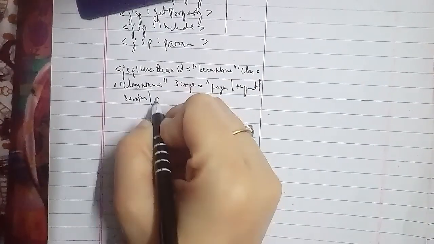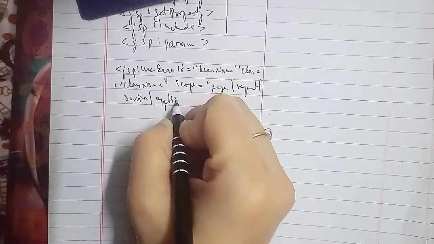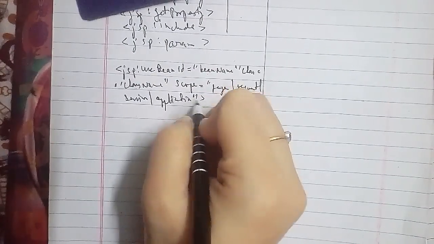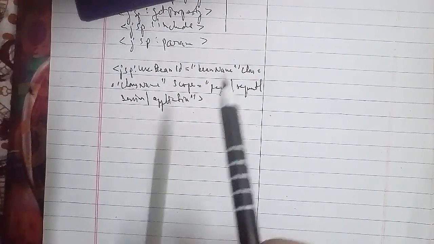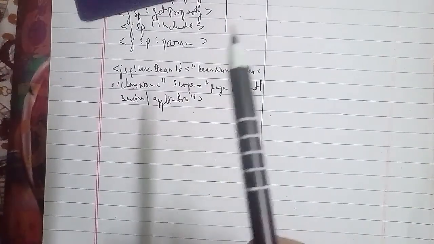Here the id attribute specifies the name of the bean, the scope attribute specifies where the bean is stored, and the class attribute specifies the fully qualified class name as well.